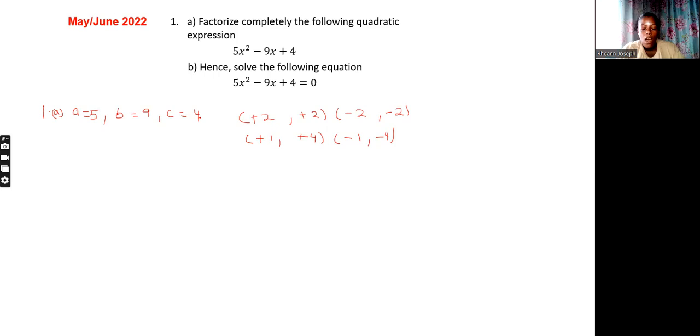So what do we do? Very simple. We look for the lowest common multiple of 4. Then we break that up into a pair that when subtracted or added would give us 9.